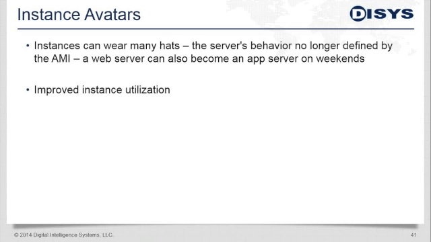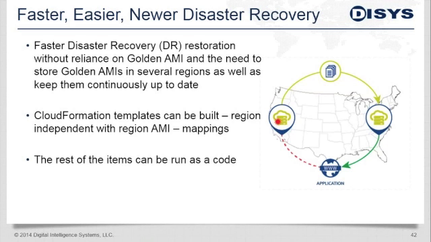Assuming there is a catastrophic event in a particular region where the entire region becomes inaccessible, making use of the corporate source control systems, the same code which was running until now for region A can be pushed to region B. Both infrastructure as well as application code can be pushed to the new region, and your entire application can go live immediately.